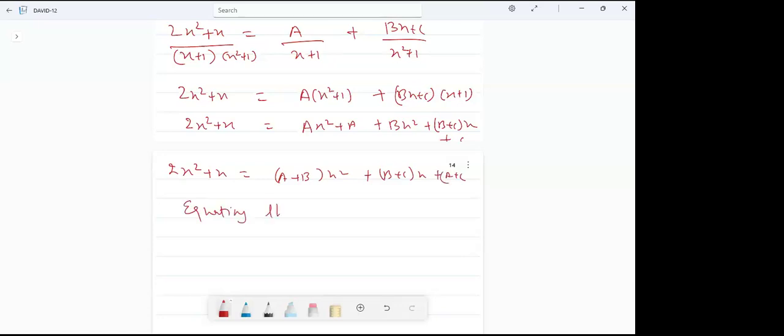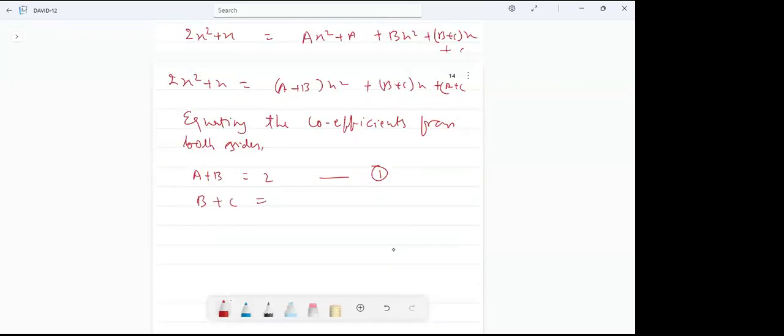The coefficient of x square is a plus b, and in the left hand side it is 2. And the coefficient of x is b plus c in the right side, and in the left side it is 1.